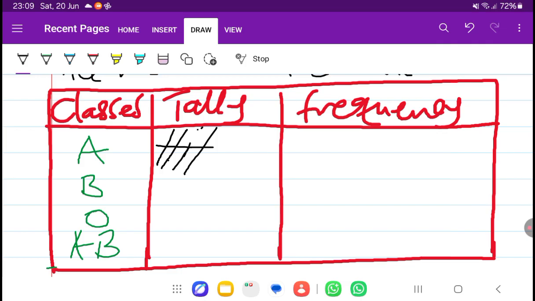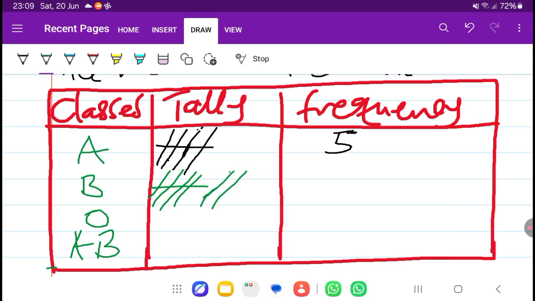When you count 1, 2, 3, 4, the one cutting across is 5. So you put a 5 here. Then for B, we said there were 7. Maybe you can use a different color. 1, 2, 3, 4, 5, then 1, 2.